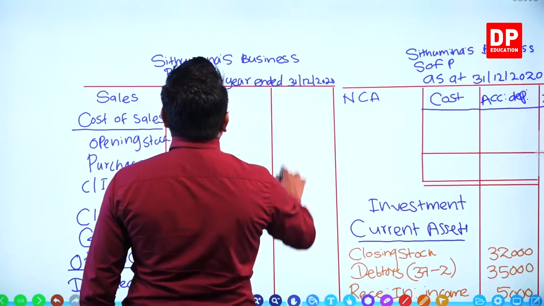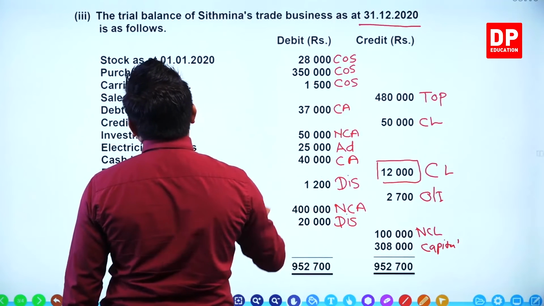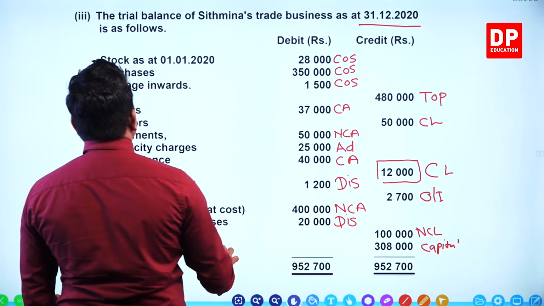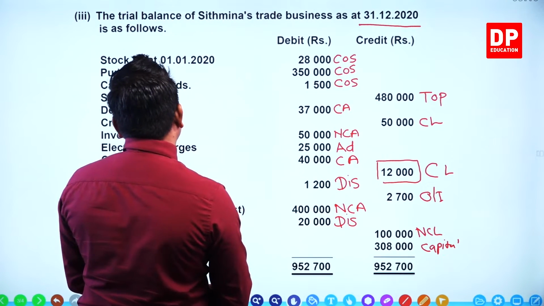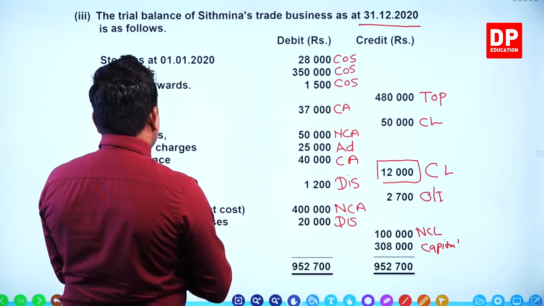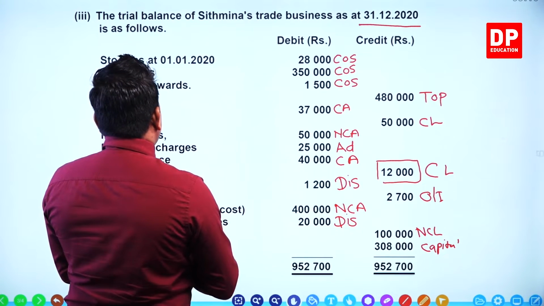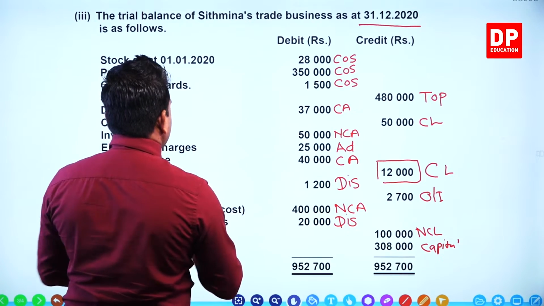See, what's the first one? First one, stock. We have taken only the closing stock. No, stock 28,000, purchase 350,000.